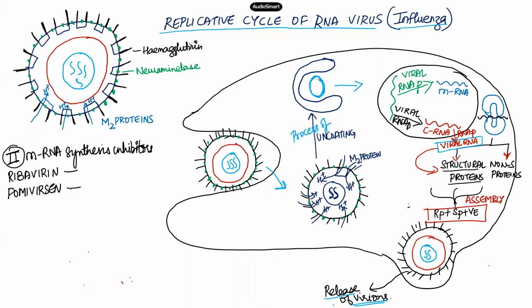Now this ribavirin will act at the level of the viral RNA polymerase. So I'll write here 2A, signifying ribavirin. Now this second drug also acts at the level of RNA polymerase, but it has a different action. What it does is it inhibits mRNA by binding to it and blocking it.